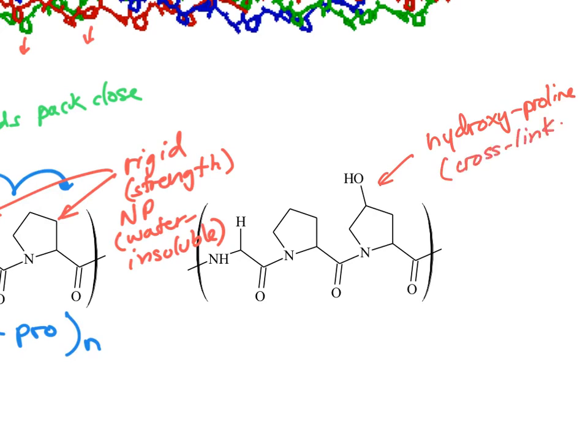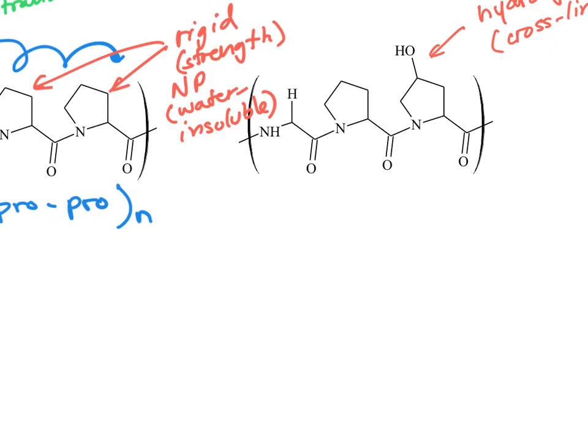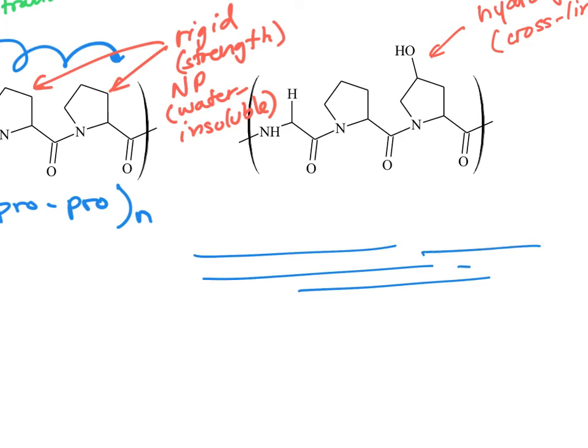By putting a hydroxyl group on there, that's somewhat reactive, and you can actually cross-link strands together. Think about what that would be like. Let's say we have fibers of collagen lining up like this, and they are forming sort of a linear array of fibers.